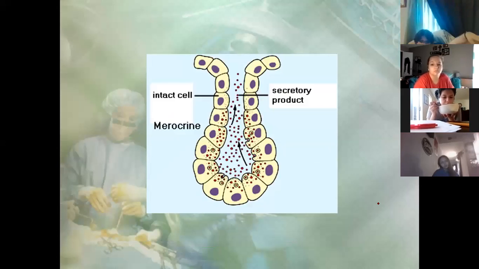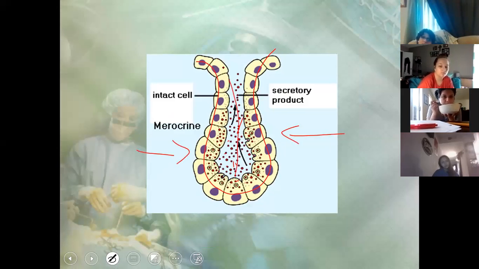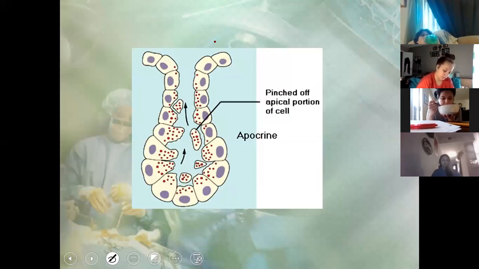So here's my gland cells. This is all the stuff that I'm making. And you can see here merocrine, I just do a little contraction and it squishes out all of the contents of that gland. Here is my cells making whatever it is. And the top part of the cell. The cell itself is saved, but the top part is released.